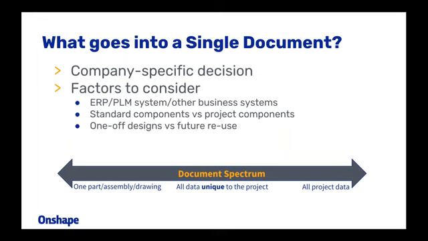Now, there's another end of this spectrum of what goes in a single document, and the other end of that is one part, one assembly, one drawing to a document. And that is an acceptable workflow, but it's generally reserved for the very big assemblies, very big drawings, and so on, right? Where breaking up the subassembly into even further elements makes a lot more sense.